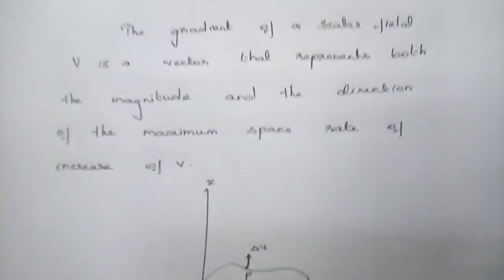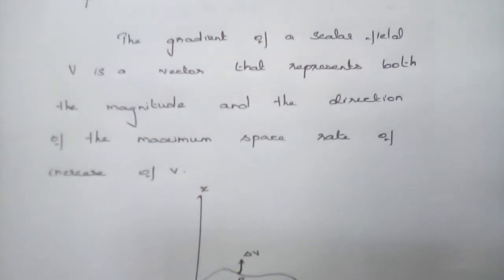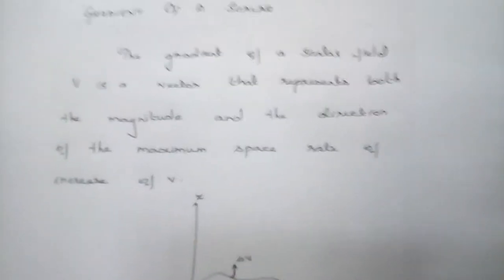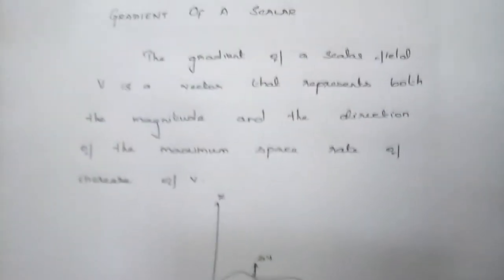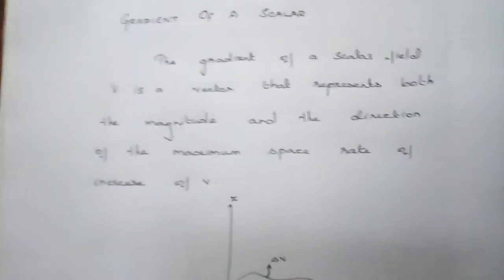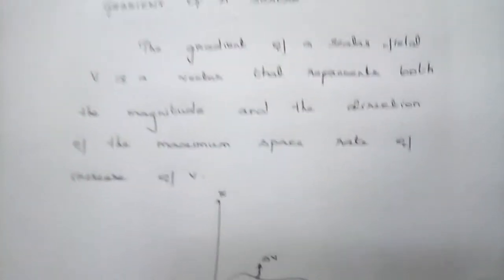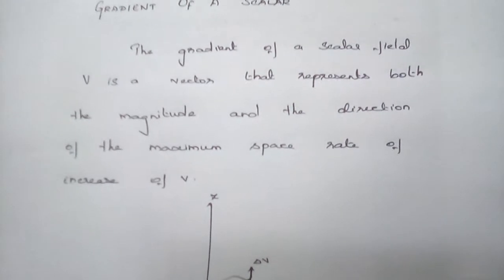The figure below shows the gradient of a scalar, in which the gradient is defined by the potential difference between the two points P1 and P2.